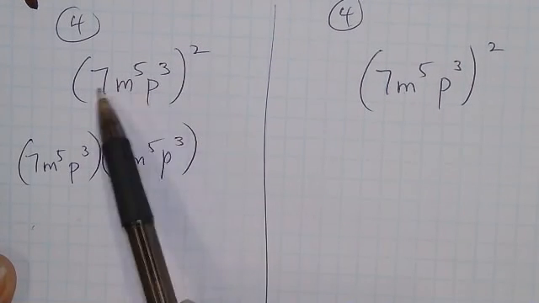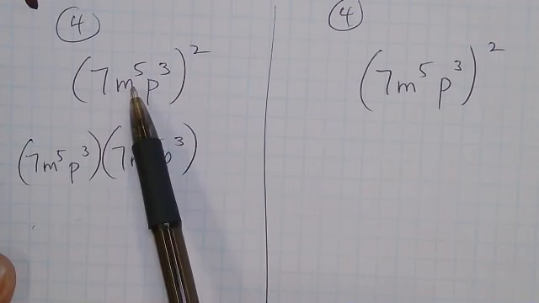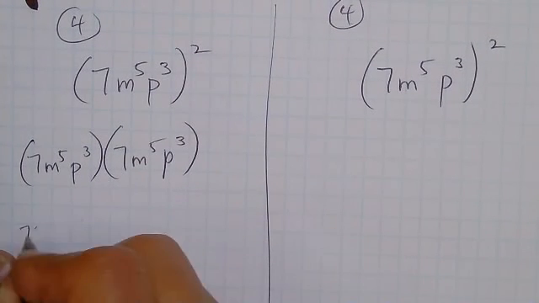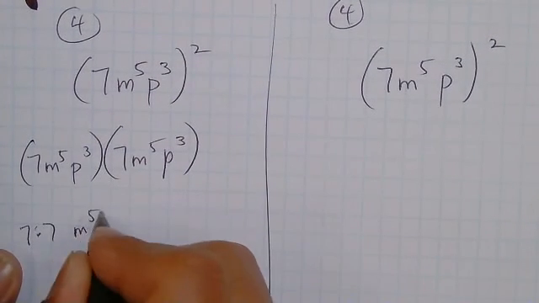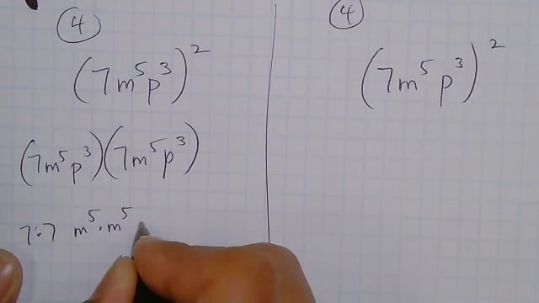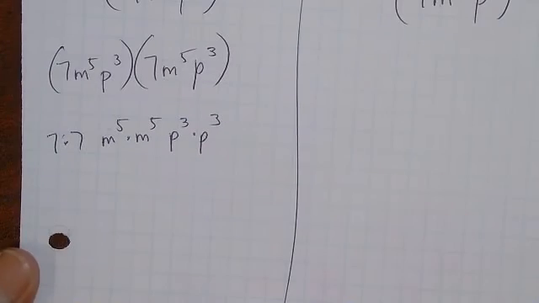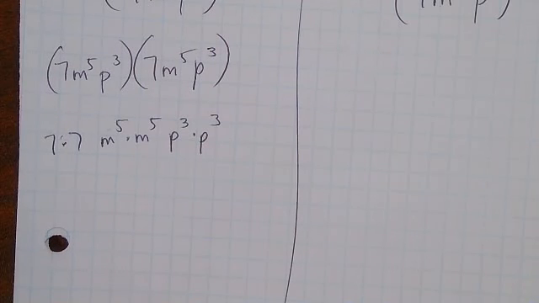Okay, this is the product rule here. This number up here tells me how many times to write this and multiply it to itself. Well, 2 of them. That's going to be 7 times 7, m^5 times m^5, p^3 times p^3.